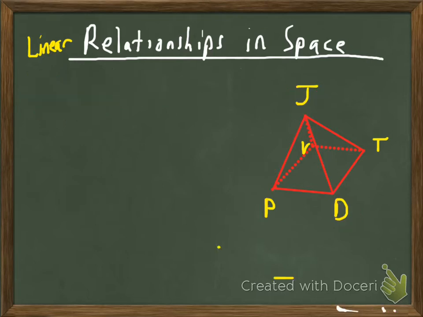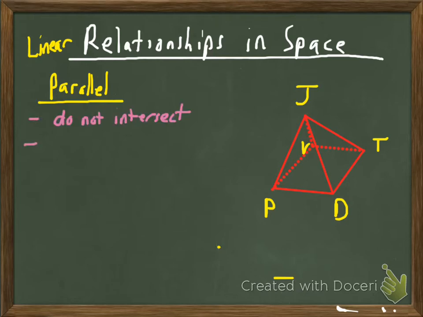All right, and then after intersecting lines, the next relationship we talked about is that two lines can be parallel. And there are two requirements for lines to be parallel to one another. One of those requirements is, of course, that they do not intersect.